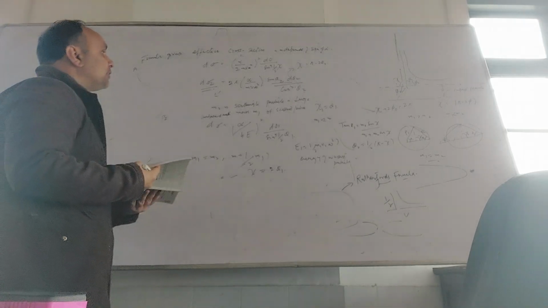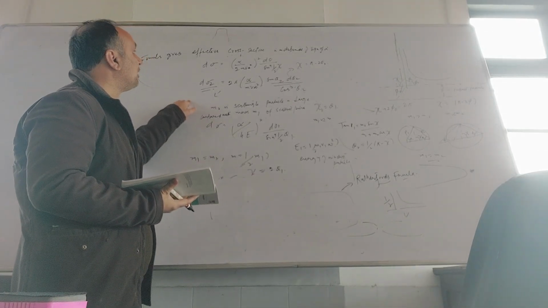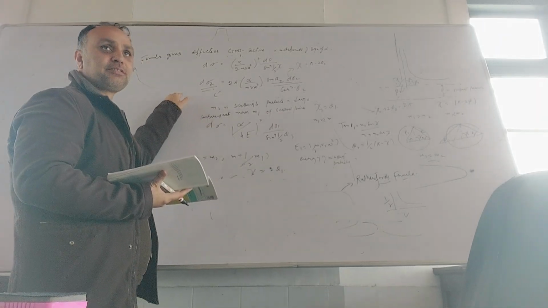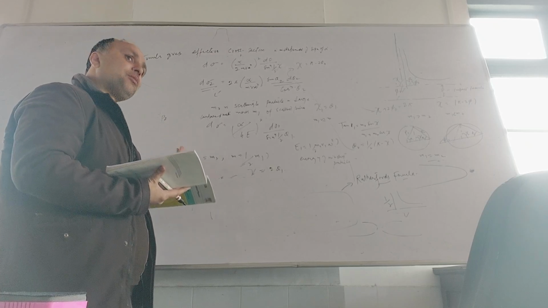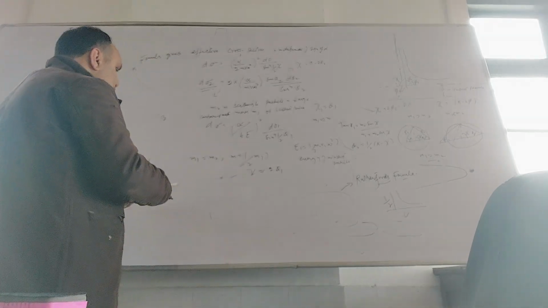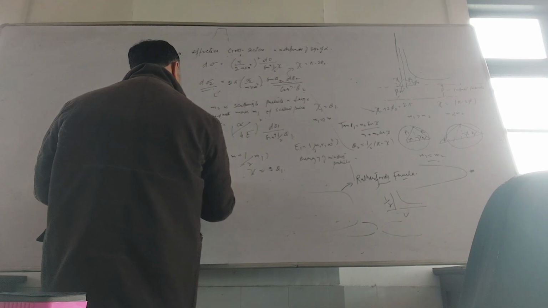The case of sigma 2 was when the masses may be different, greater or smaller. The other case is when the masses are the same. So the formula will be equivalent to d sigma 1.